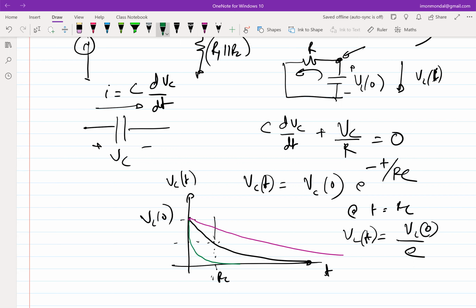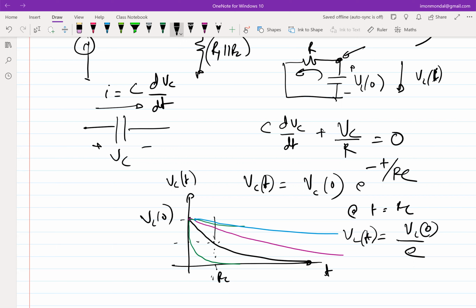Now, if you want a capacitor to act as a battery, you would want RC to be high or low? You want it to be high, so high that it never discharges. You want RC to be extremely large. Note that it's not only the value of the capacitor that matters, it's the value of R times C. It's not sufficient to have a large capacitor; you need to ensure that it keeps holding that voltage, and that also depends on the resistance associated with it.